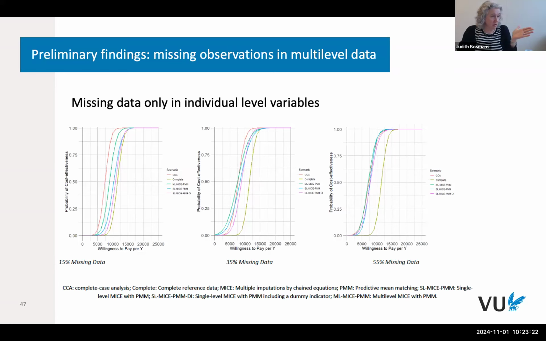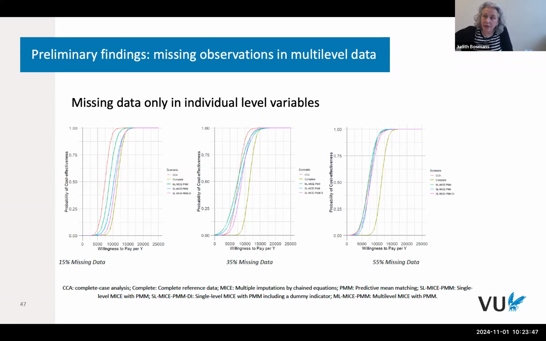So, for example, whether it's secondary or tertiary hospital, what the size of the catchment area is, well, all kinds of different variables that are cluster level variables. So we simulated the scenario where there were only missing data in the individual level variables.